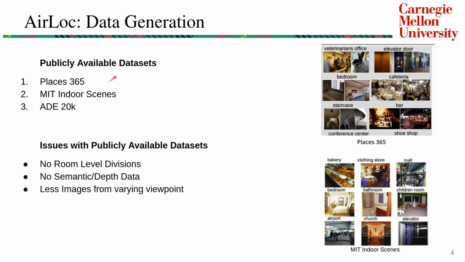These datasets include Places365, MIT Indoor Scenes, and ADE20K. But there are some challenges with all these datasets. Either they do not contain room level divisions, or they do not have semantic and depth data, or they have very few images from varying viewpoints. The images from varying viewpoints are really important to learn geometric information.